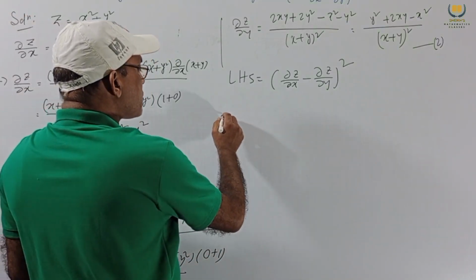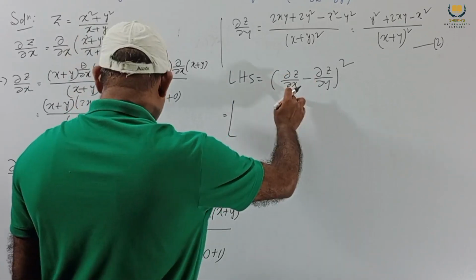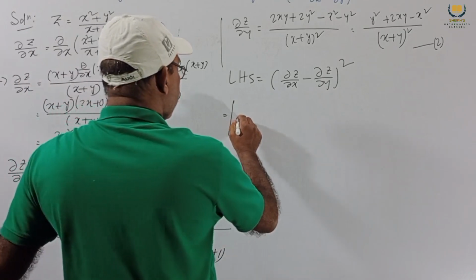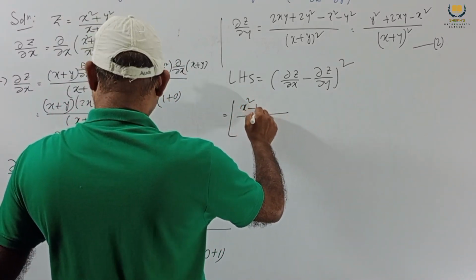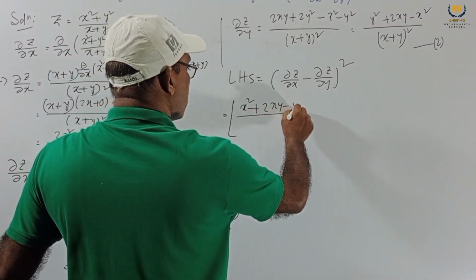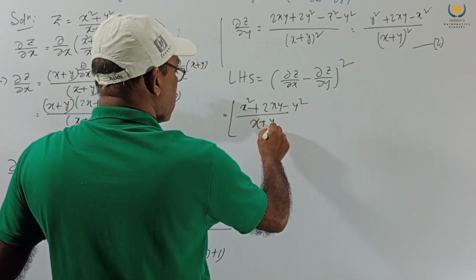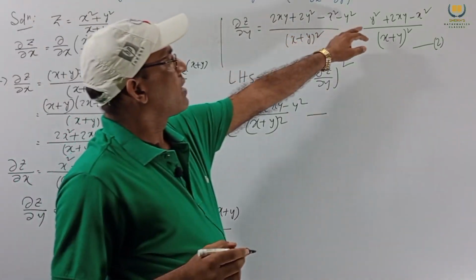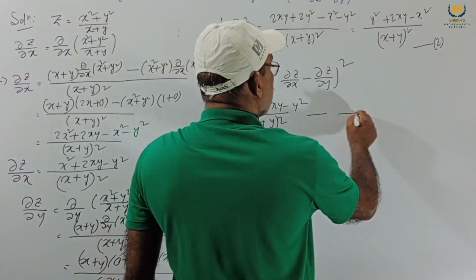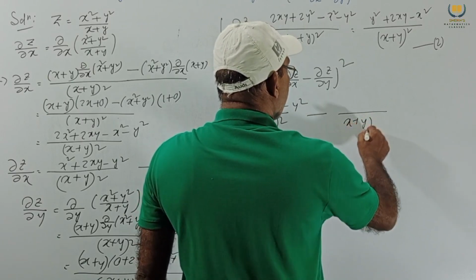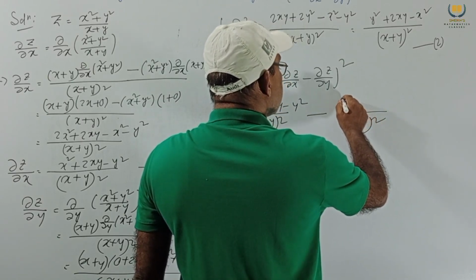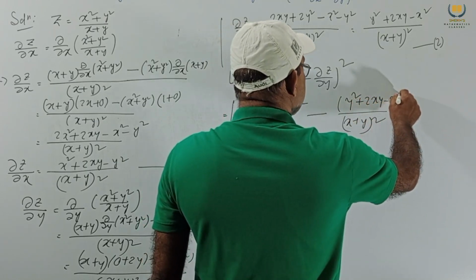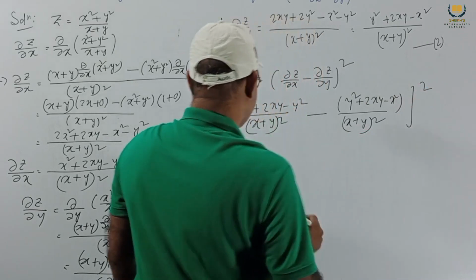Putting the values, del z/del x, we know the ready-made answer: (x square plus 2xy minus y square) by (x plus y) whole square, minus del z/del y, this one, (y square plus 2xy minus x square) by (x plus y) whole square, this whole square.